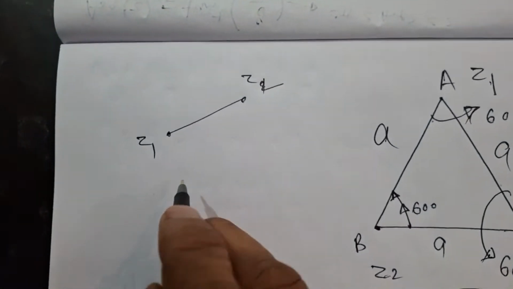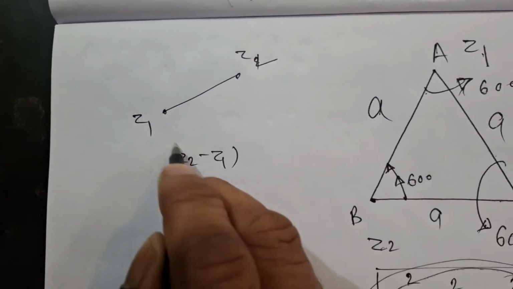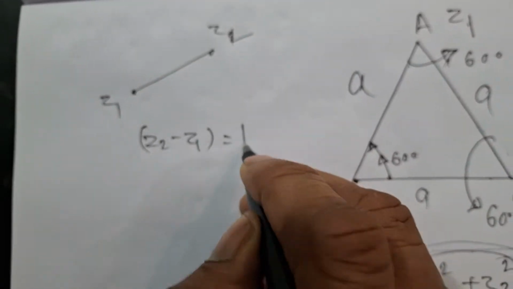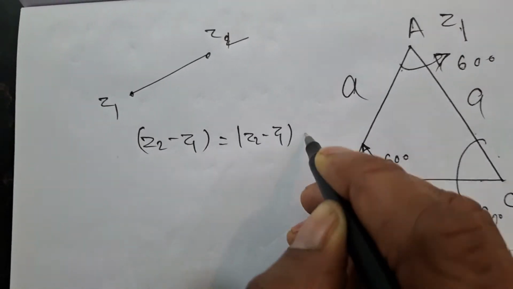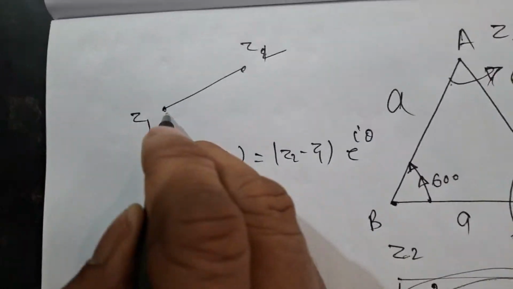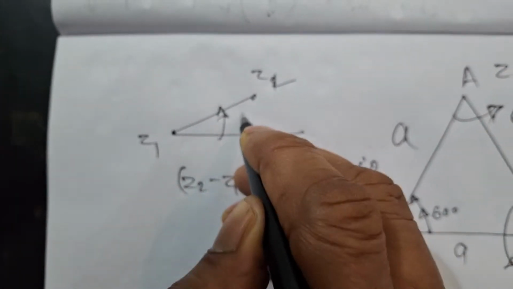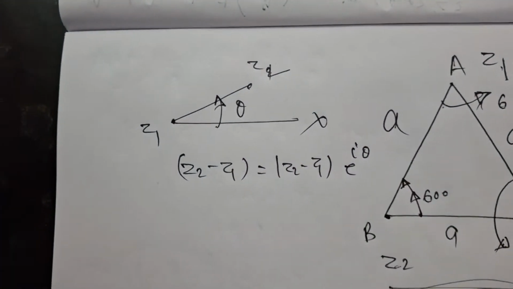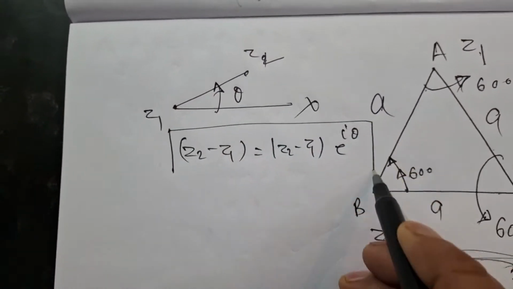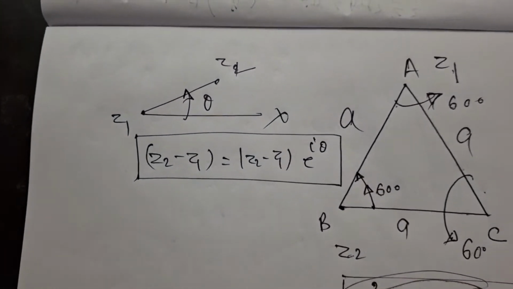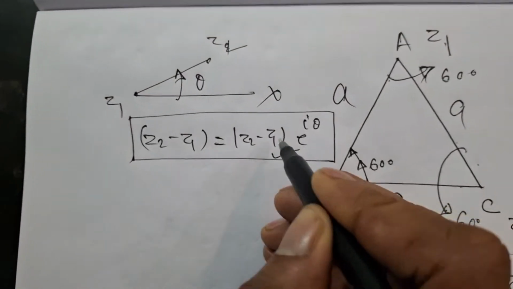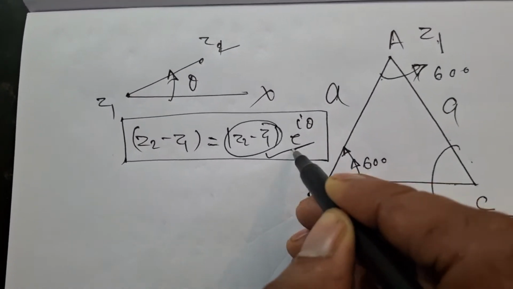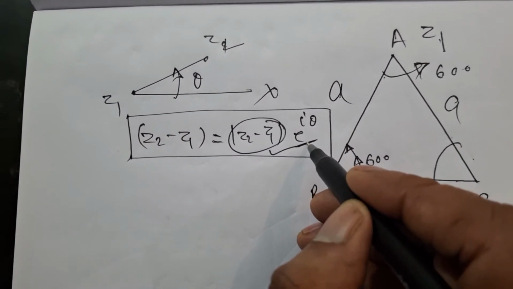Can we write Z2 minus Z1 in complex form as modulus of Z2 minus Z1 times e to the power i theta? Suppose this makes angle theta with the x axis. So can we write it in Euler form? Yesterday we derived this formula also, because this is the magnitude and this is cos theta plus i sin theta.